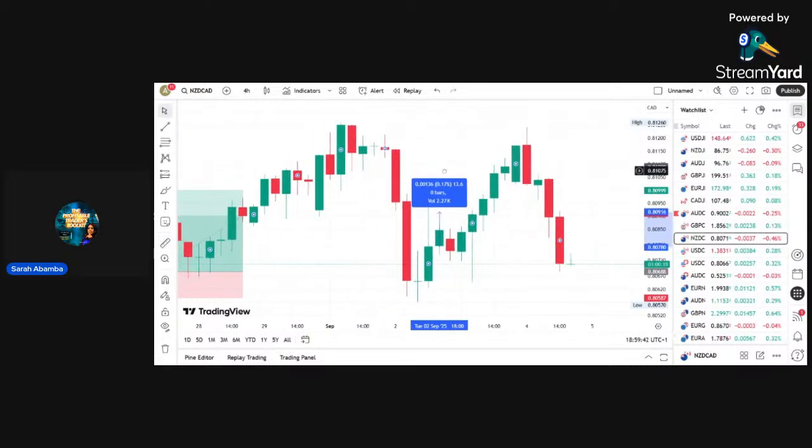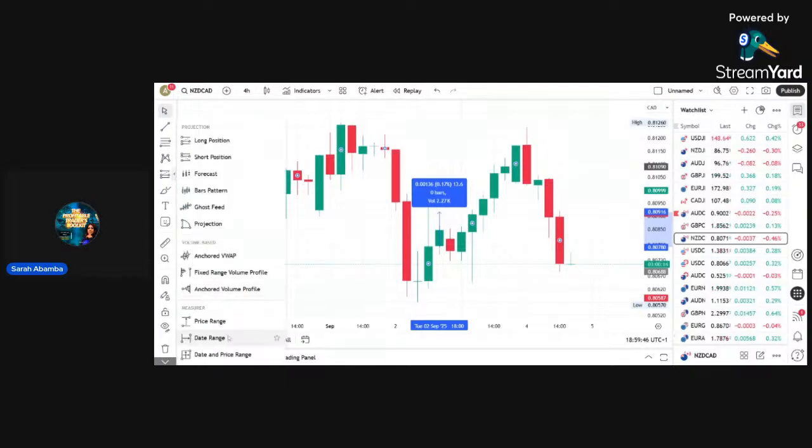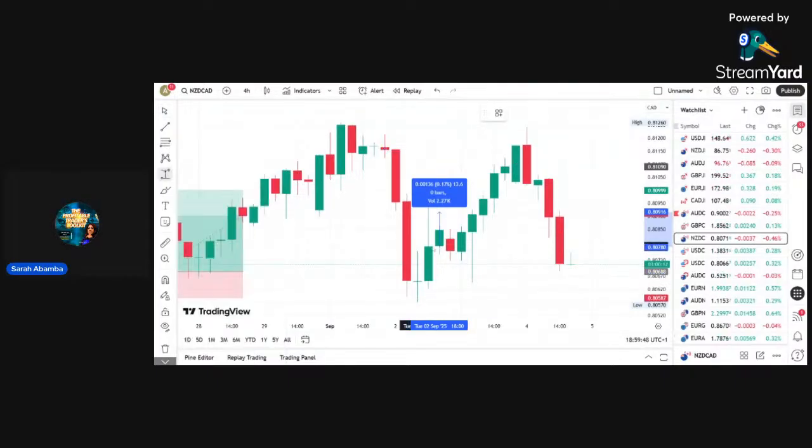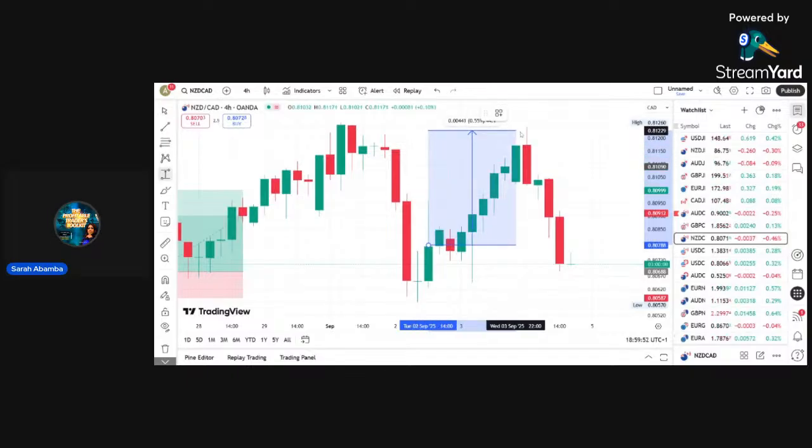Why is this at an angle? Let me use another price range. Okay, so this is 45 pips. 45 pips is $450 for a standard lot size. So you see how it is simple.